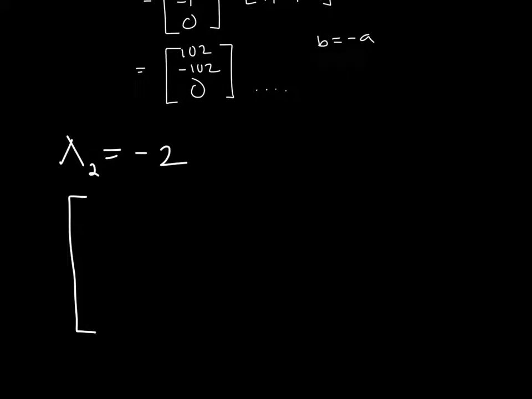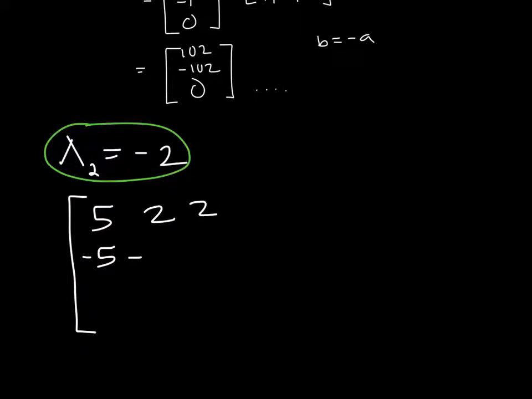Again, this is a different lambda into my original A minus lambda I matrix. So when we substitute the values, again, the diagonals are the only ones that are going to change. And we get 5, 2, 2, negative 5, negative 2, negative 2, and then 5, 5, 5, right?